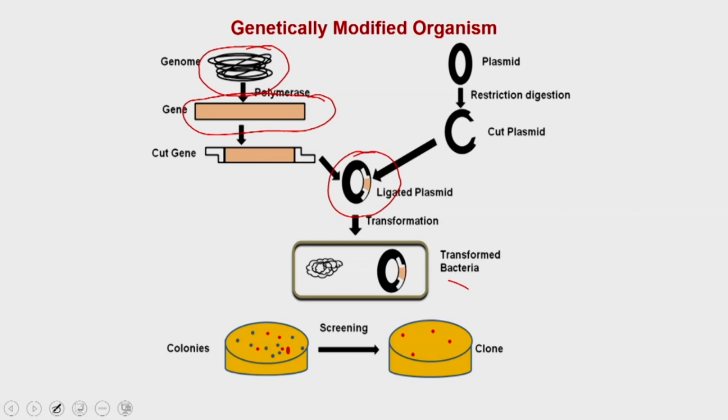Once you have this gene, you have to digest it with a particular set of restriction enzymes, and similarly digest the transforming agent with the same set of restriction enzymes. After that you put these two components together in a ligation reaction, and then transform that into the bacteria to produce the genetically modified organisms.